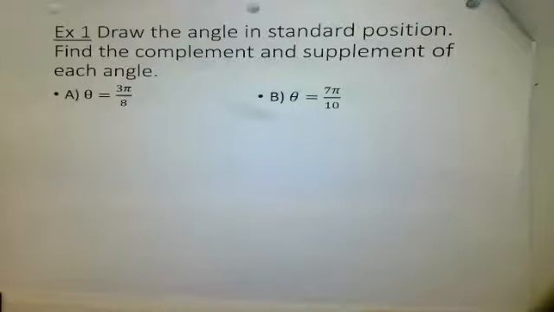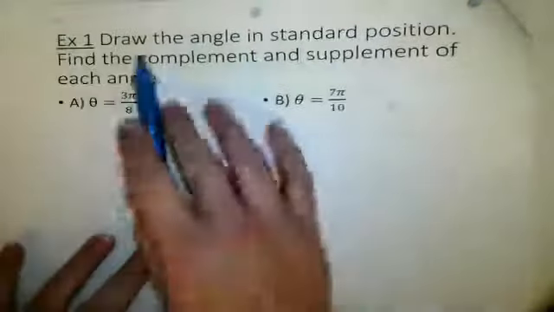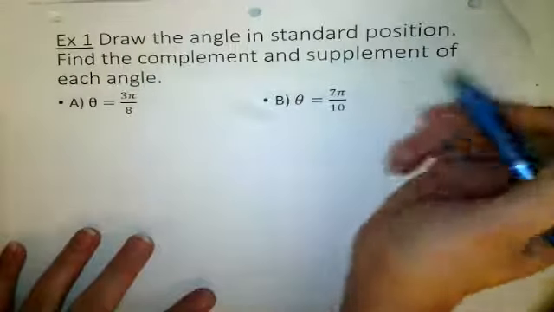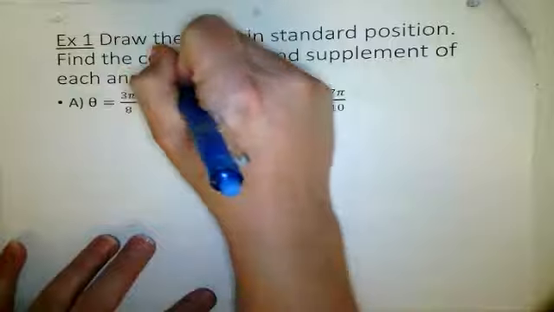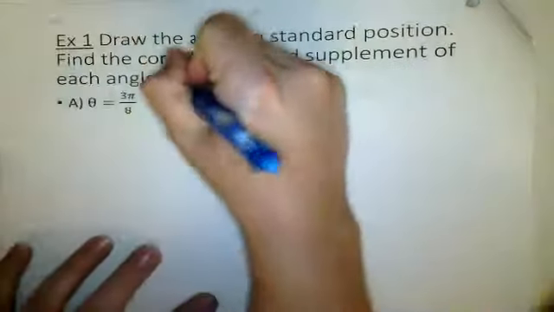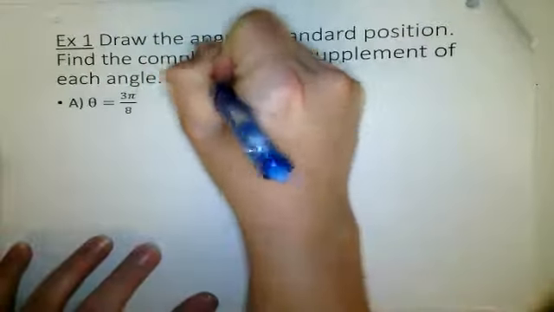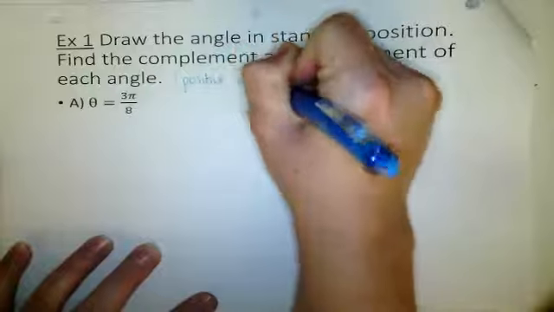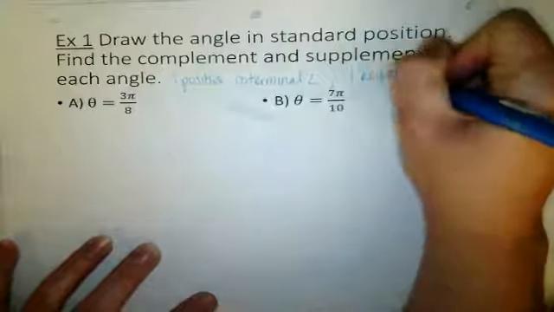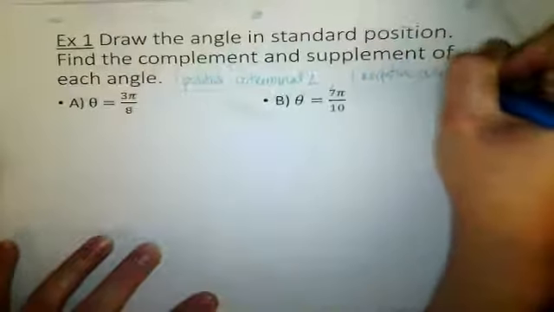All right, because this is a long lesson, I am going to sort of consolidate these two examples into one. Draw the angle in standard position, find the complement and supplement of each angle, and one positive coterminal angle and one negative coterminal angle.